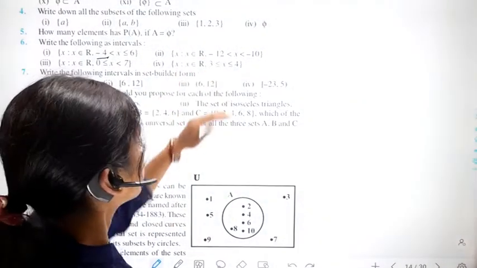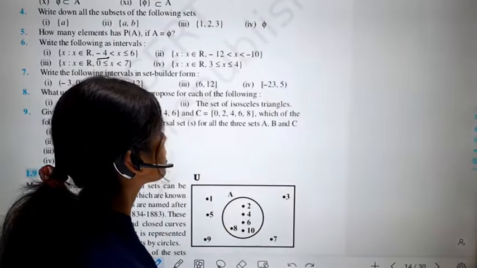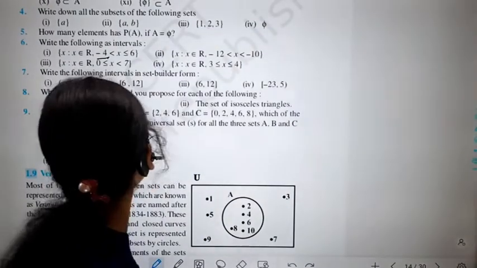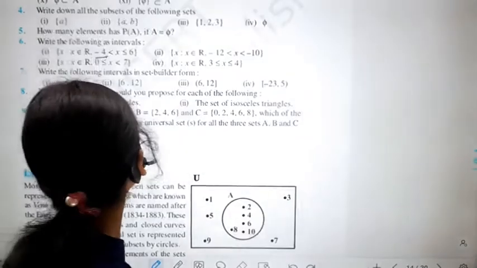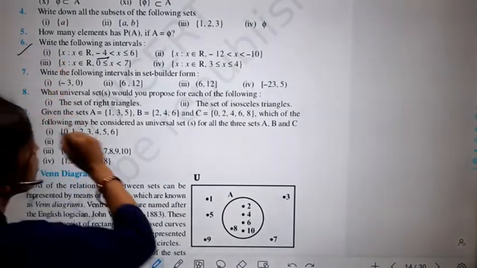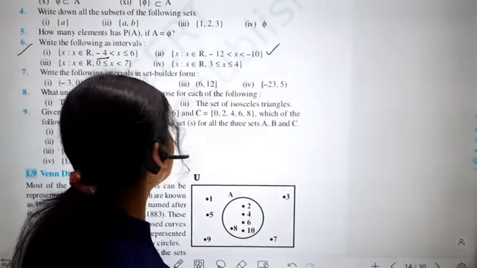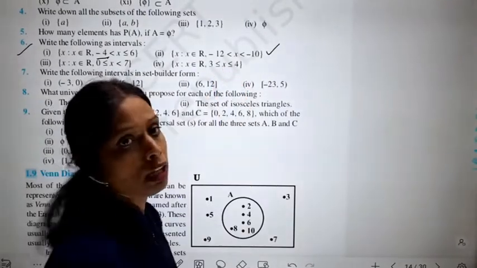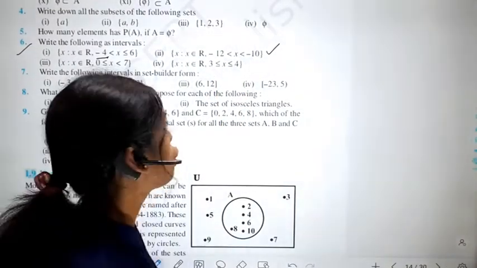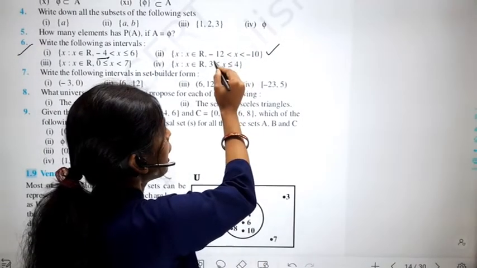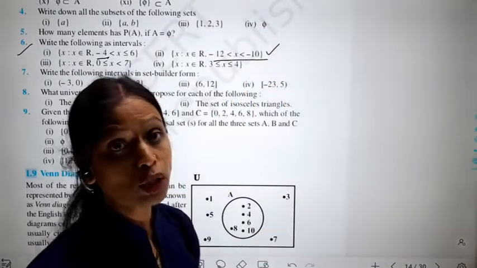Okay. Now, what is this? Second question of question number 6. What is written here? You know that by the definition of the open interval, here 12 and -10 are excluded.